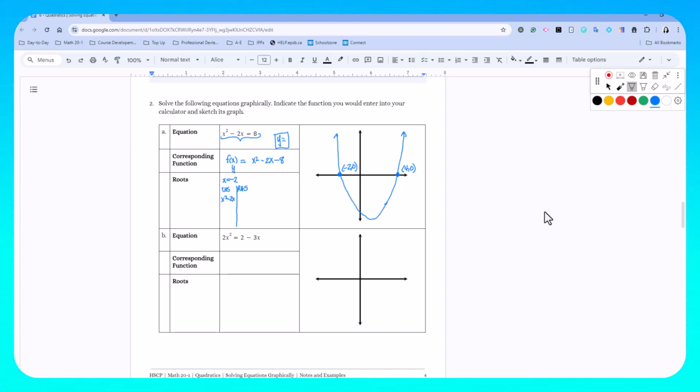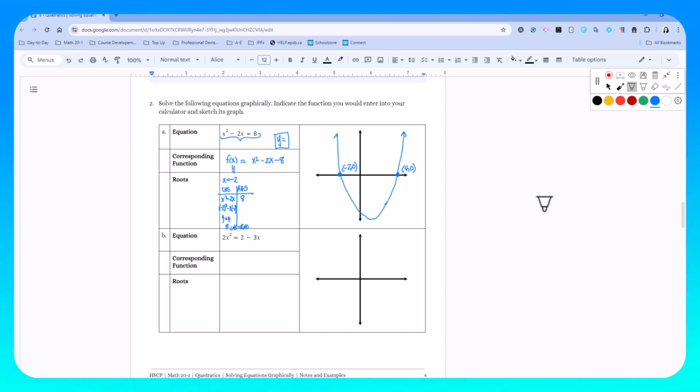I'm going to substitute negative 2 squared minus 2 times negative 2 right there. Well, that gives me 4 plus 4, which equals 8. And sure enough, on the right-hand side, we have an 8. So we have verified that the left-hand side equals the right-hand side.